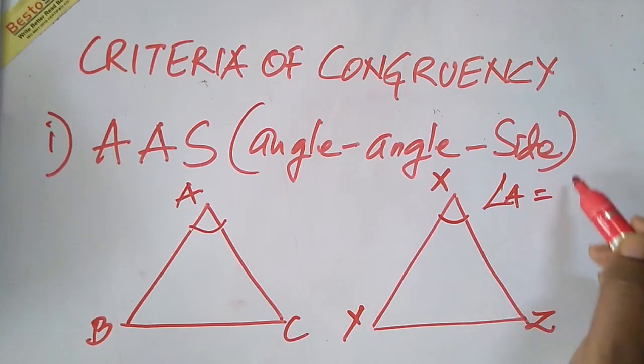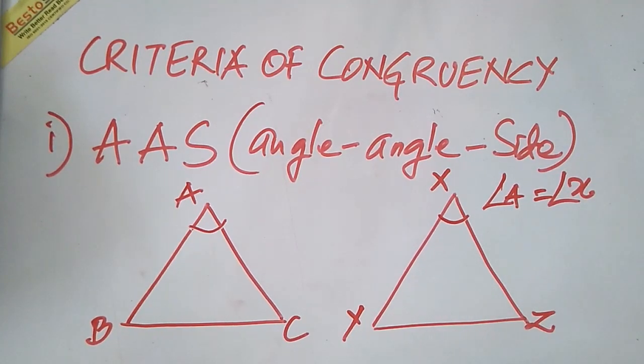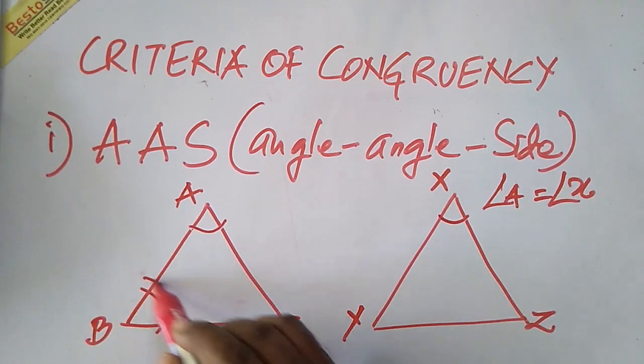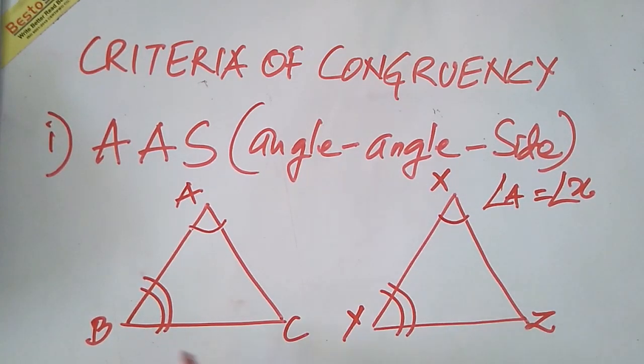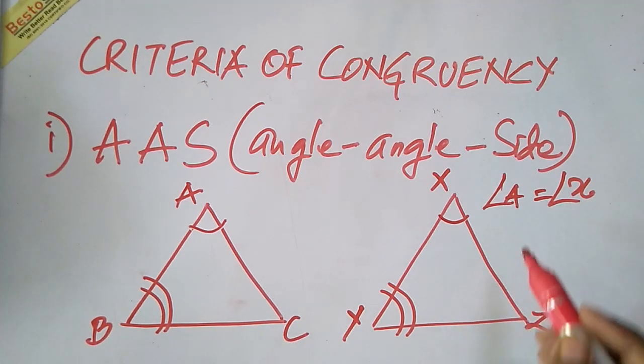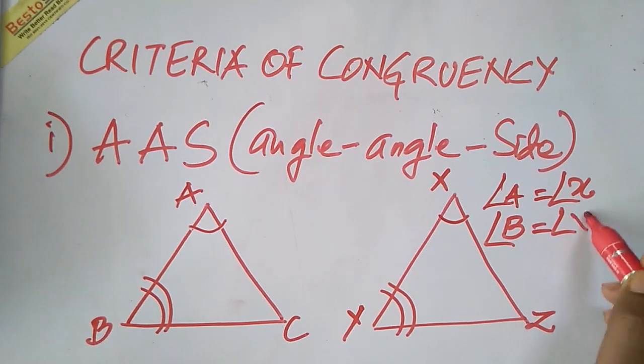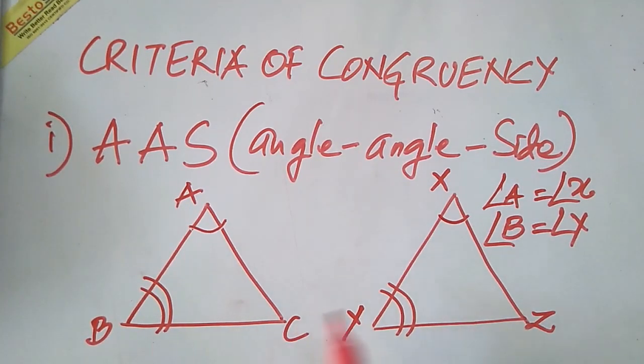Angle A is equal to angle X. These two corresponding angles are same. Another angle, let's say angle B and angle Y. These are two corresponding angles, right? Let me write it as angle B is equal to angle Y. Now here we have got two corresponding angles same, right?